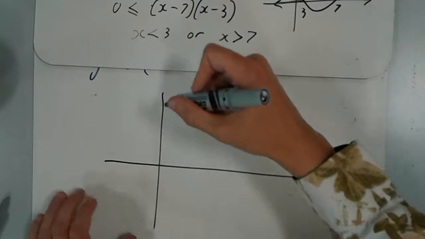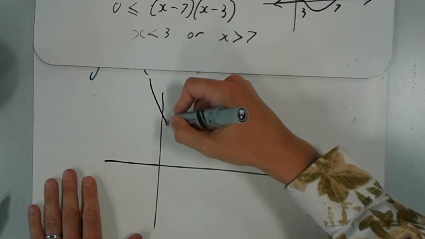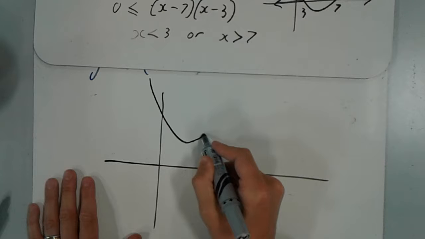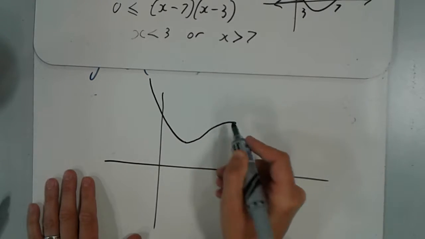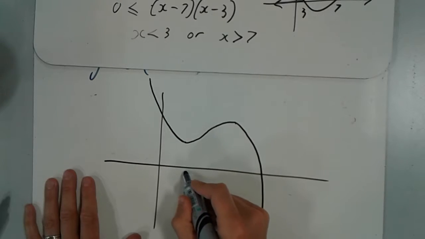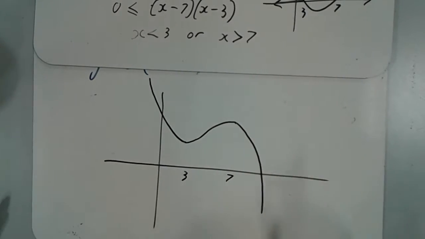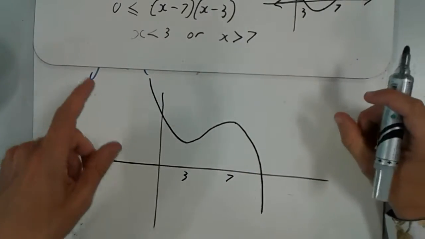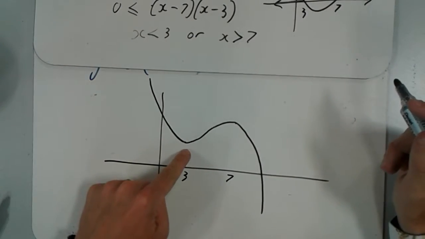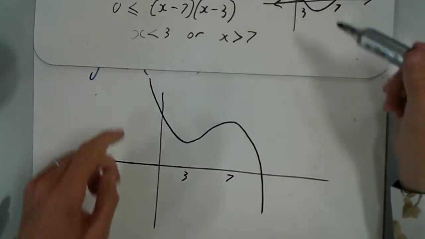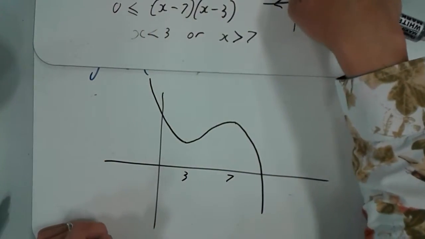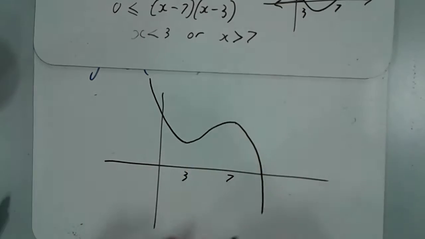We know that our function is decreasing all the way until x equals 3, when it must start to increase until x equals 7, and then it decreases again. So we can use this idea of decreasing or increasing functions to find where our gradients are negative. And if we looked at the other side of the inequality, where this was greater than 0, we would find where our function is increasing.